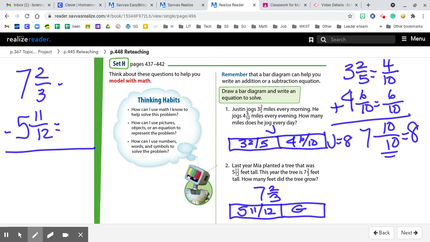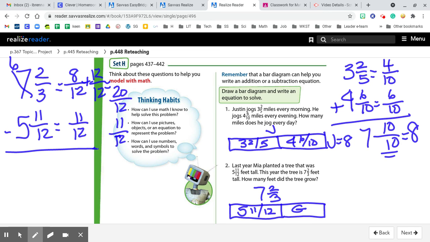And looking at our denominators, I can leave 11/12 alone and rename 2/3 into 8/12. And subtracting here, I can't take 11 away from 8, so I'm going to have to regroup. And I'm going to bring 1 over as 12/12. So now I have 20/12 minus 11/12 equals 9/12.